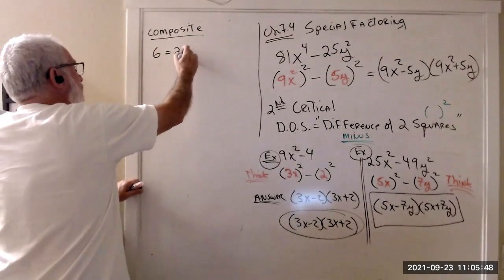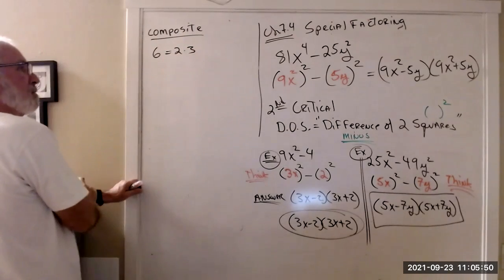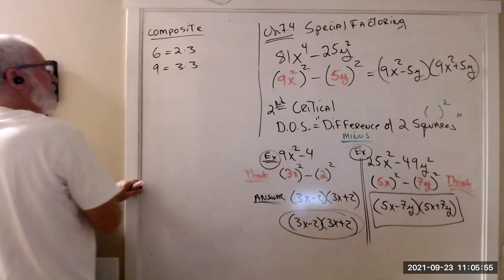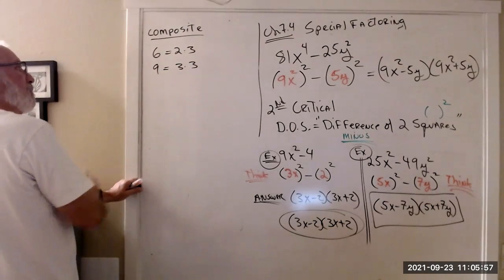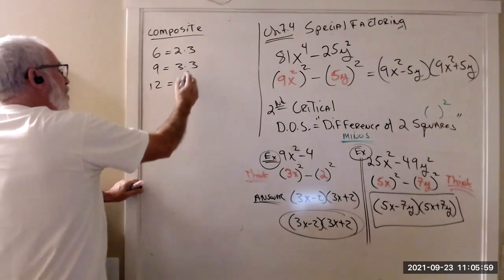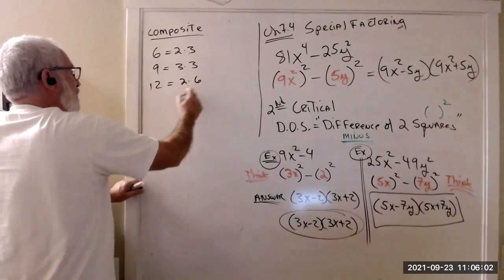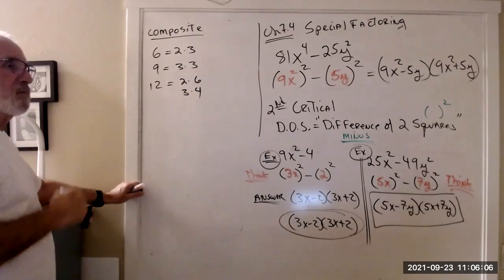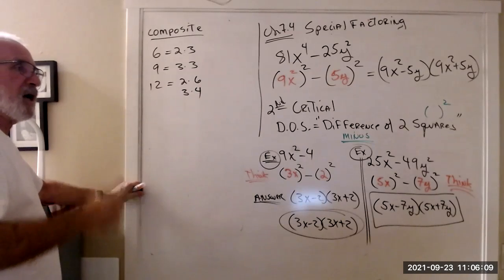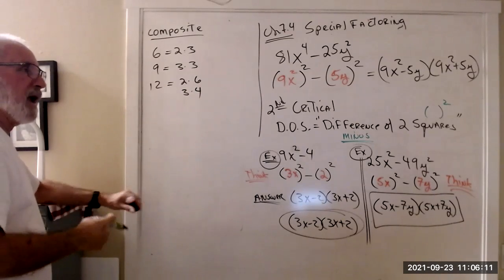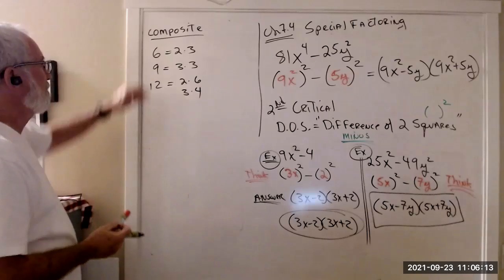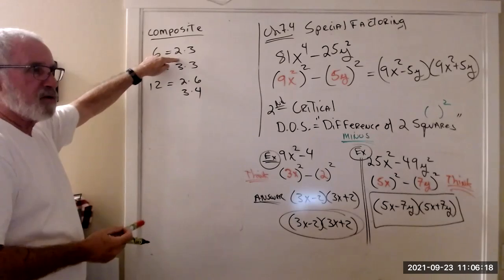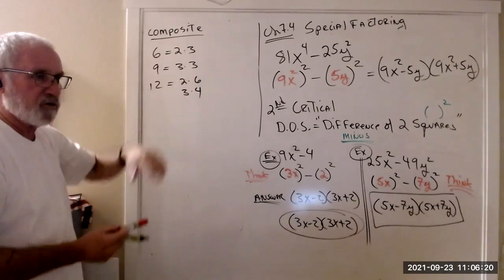You can break it down into 2 times 3. 9 is a composite number. You can break it down into 3 times 3. 12 is a composite. You can break it down into 2 times 6, or into 3 times 4. Those are called composite numbers because you can rewrite them as something other than themselves. You can break them down into smaller things.